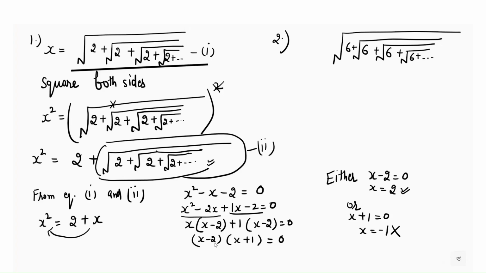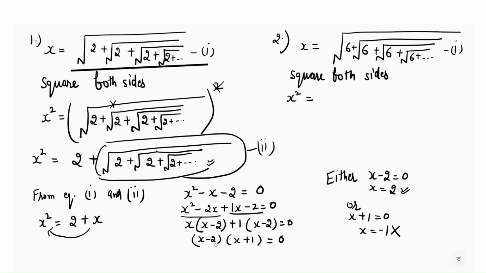Let's take another example which I have written here on the board, which is root 6 plus root 6 plus root 6 plus root 6 and so on. We'll do the same here. We'll consider this value as x, and consider this equation as 1, then square both sides. Once you square both sides, as I have explained before, this term will become x squared.